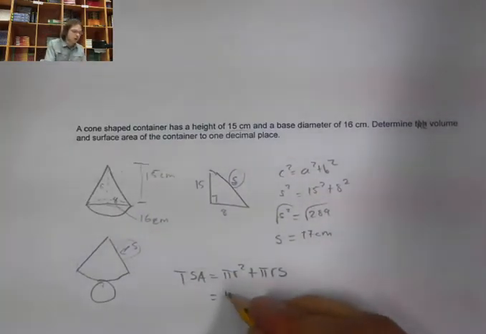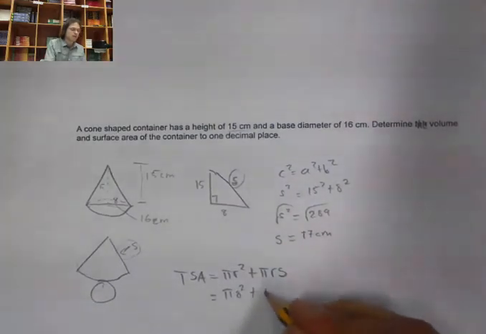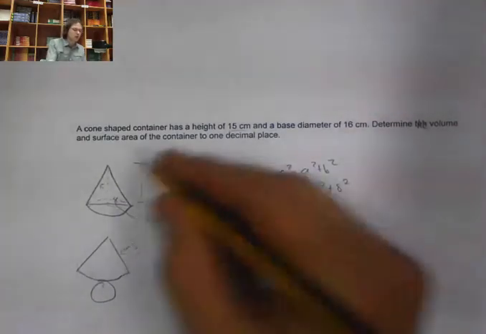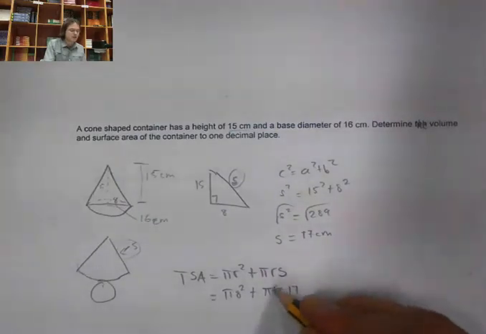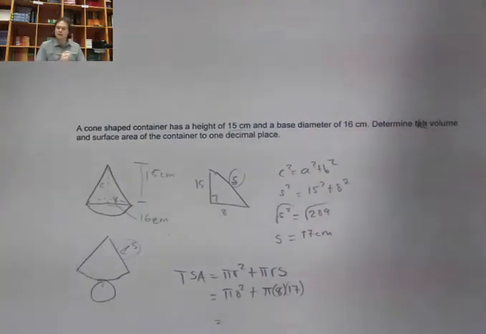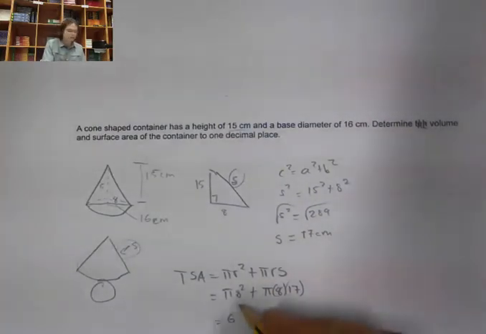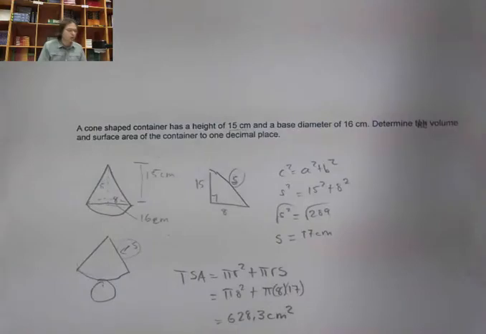So we have pi 8 squared plus pi 8 multiplied by 17, my slant height. Okay? And I can put this into my calculator now. I'm going to end up getting 628.3 centimeters squared.